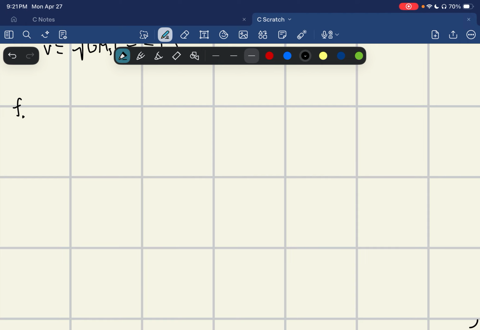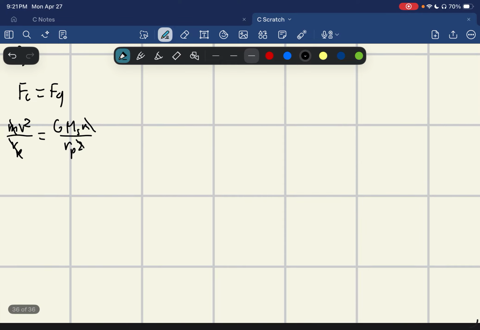Okay, so in circular orbit, we know that Fc is equal to Fg, and then breaking those up will be mv squared all over rp, which is equal to GMs times little m all over rp squared, and then little m will cancel out, and one of the rp's will cancel out with the other rp.